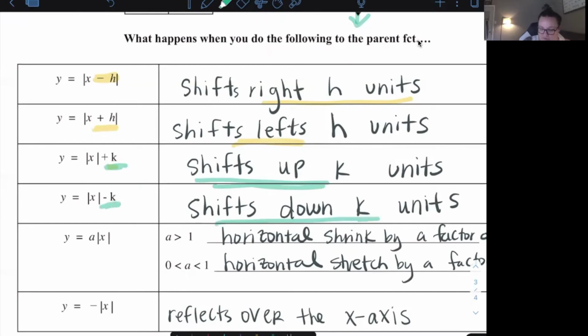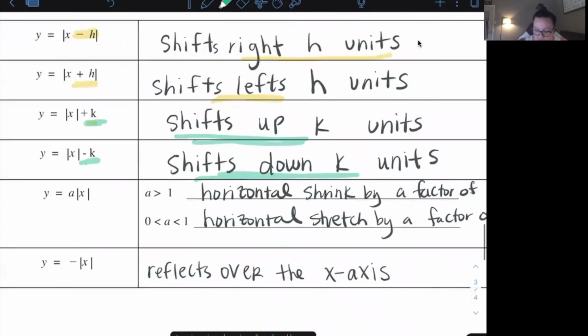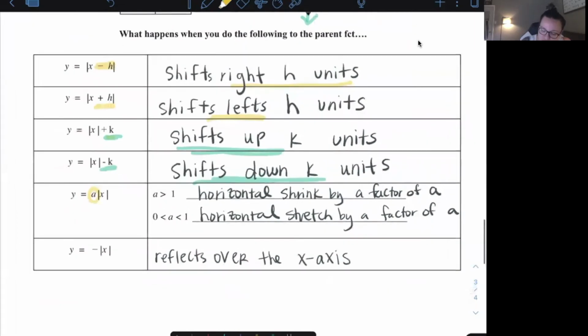Your graph shifts down that many units. What happens when you multiply the absolute value by a number a? Well, if that number is greater than 1, so like 1.5, 2, 3, 5.5, you're going to have a horizontal shrink by a factor of a. Your graph is going to shrink horizontally.